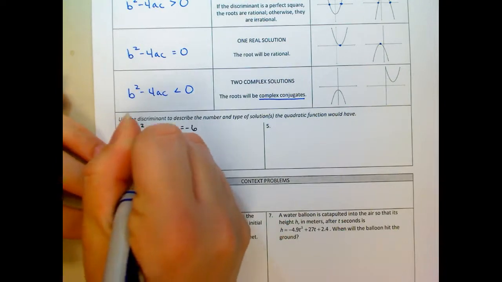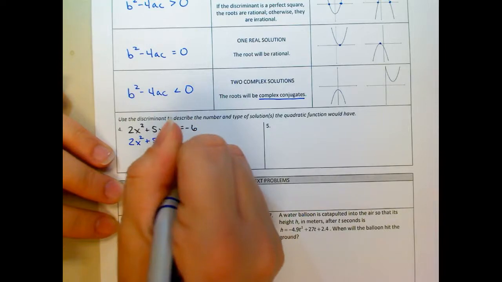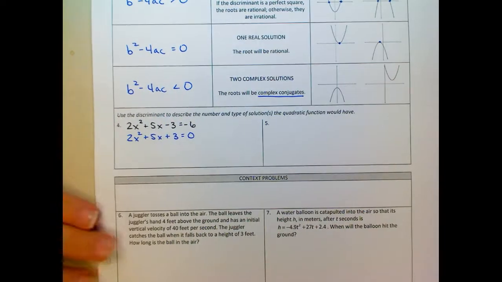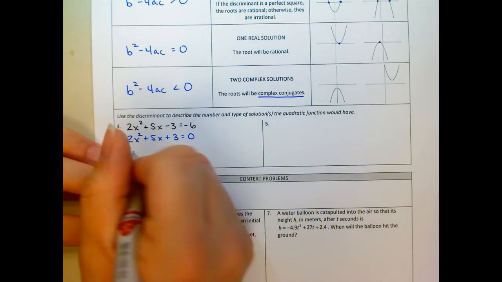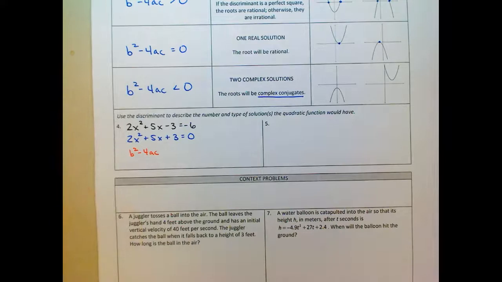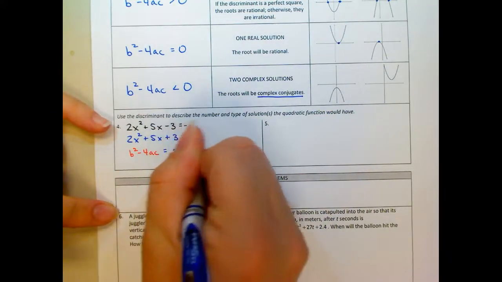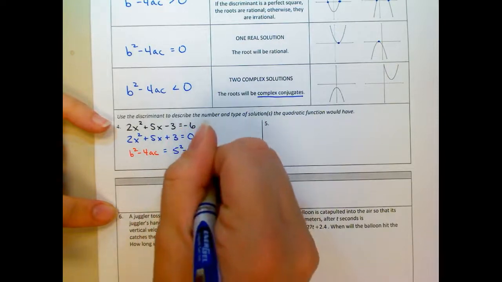So that would give us 2x squared plus 5x, and if we add the 6 over, negative 3 plus 6 is positive 3. All we are going to calculate is our discriminant, b squared minus 4ac. We only want to know the types of solutions. So when we fill this in, we would have 5 squared minus 4 times 2 times 3.